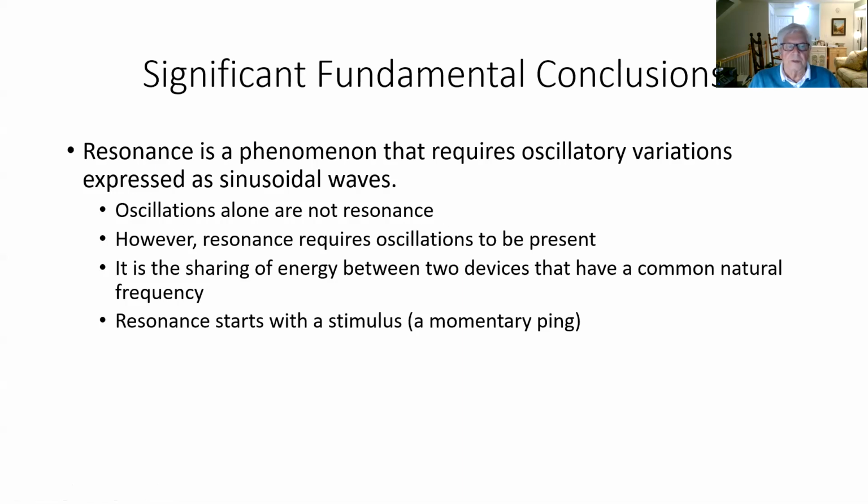Let's make sure we don't get that mixed up. Just because something oscillates does not mean it's in resonance. But if something is in resonance, we do have oscillations present. So the opposite is true, but the direct is not.